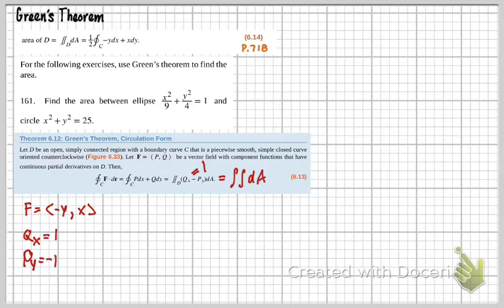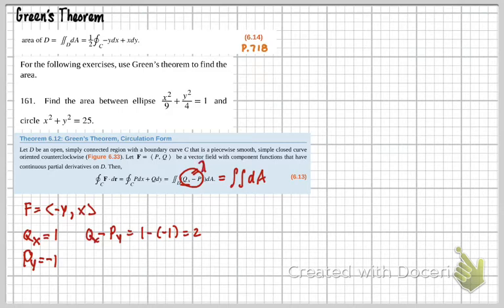When I subtract them, Qx minus Py, that's going to equal 1 minus a negative 1, which equals 2.